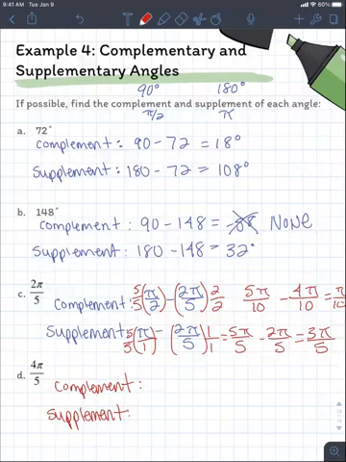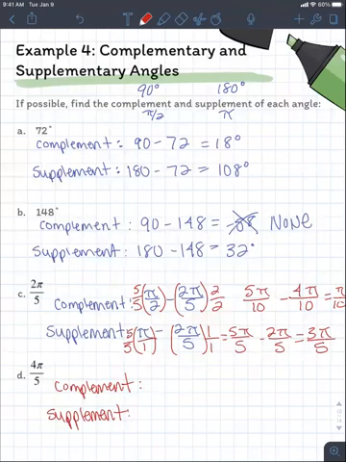For part C, Alexis? I didn't do E yet. I'm confused. C, okay. So the complement, you're doing pi over 2, and the supplement, you're doing pi. So instead of 90 degrees and 180 degrees, those are their radian angle measures.